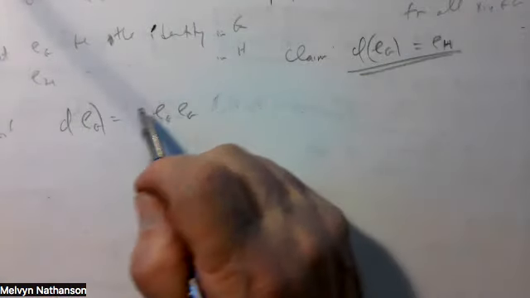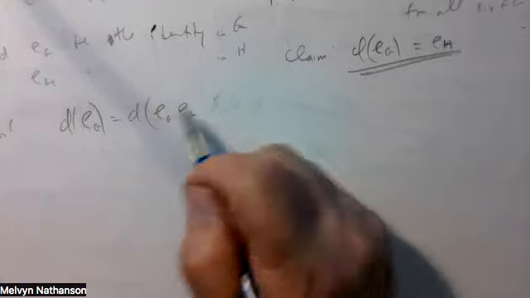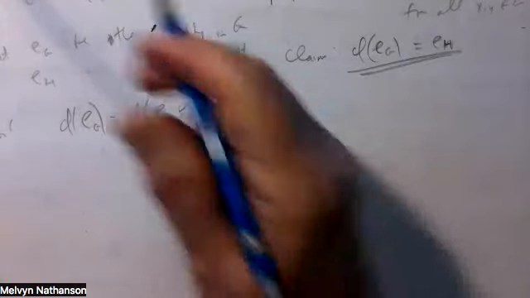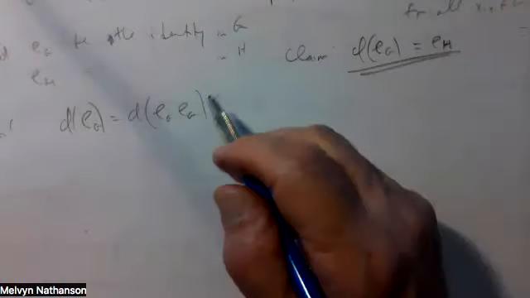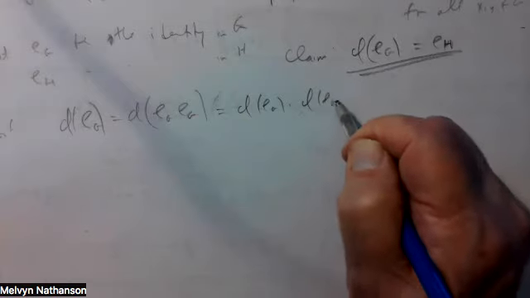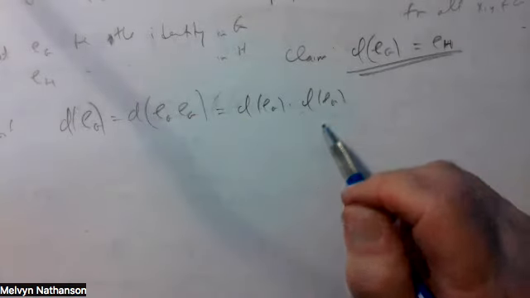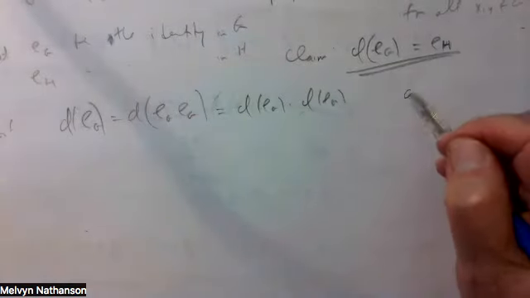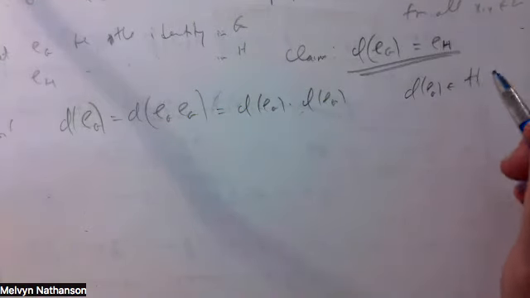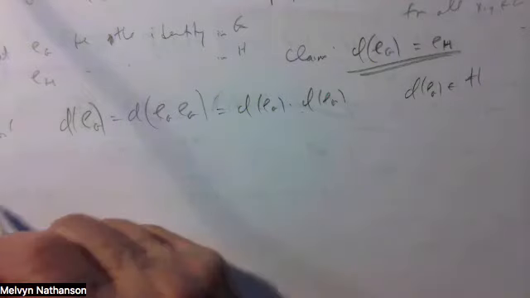So phi of EG is phi of EG times EG. And because phi is this homomorphism, it has this property, this is phi of EG times phi of EG, where phi of E sub G is some element in H. So it has an inverse.